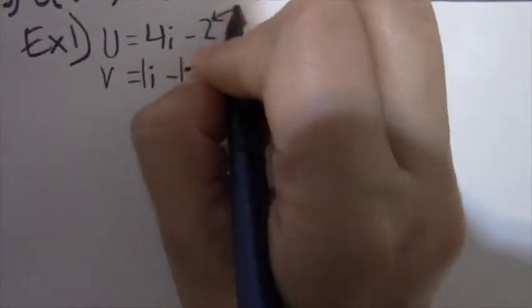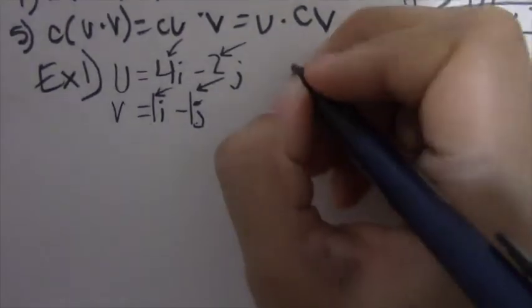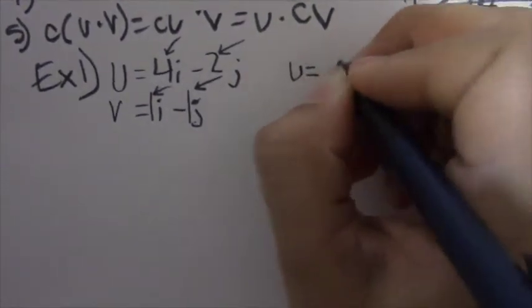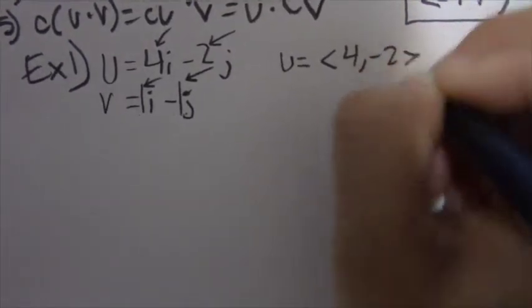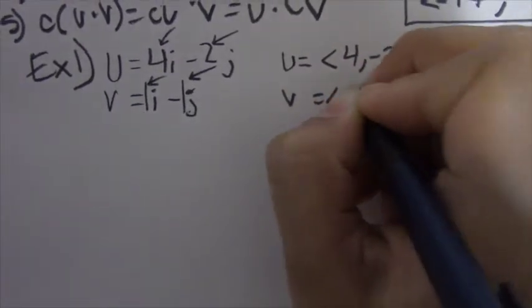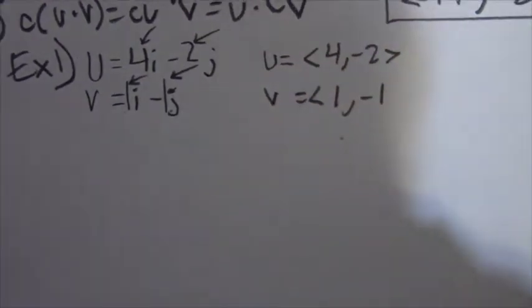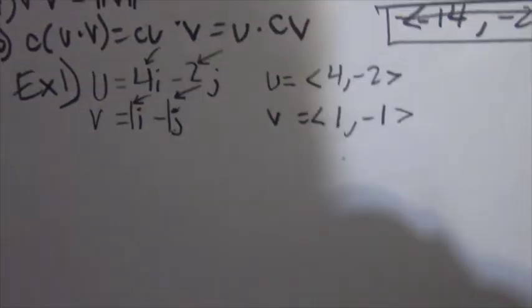We need to use the numbers in the front of the letters. So U would equal 4, negative 2, and V would equal 1, negative 1. There's an explanation to understand the i's and the j's in the problem.